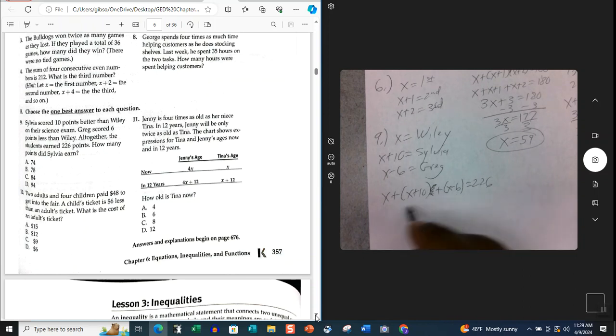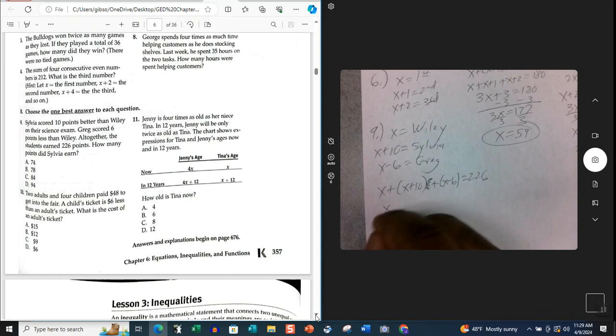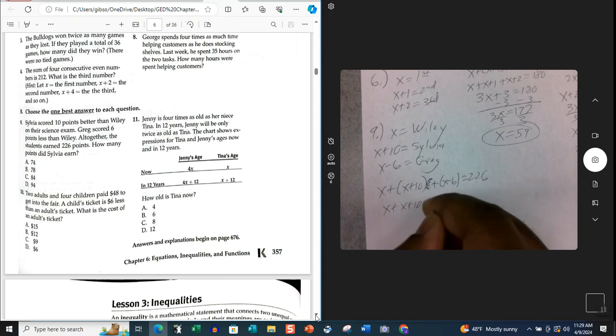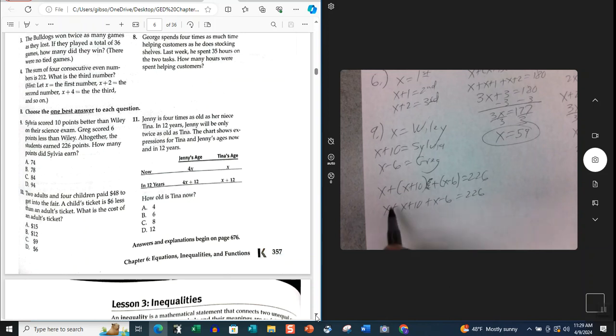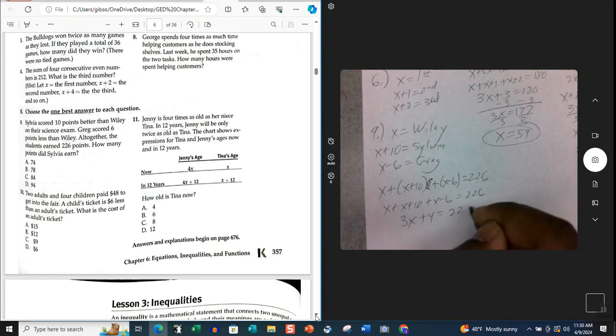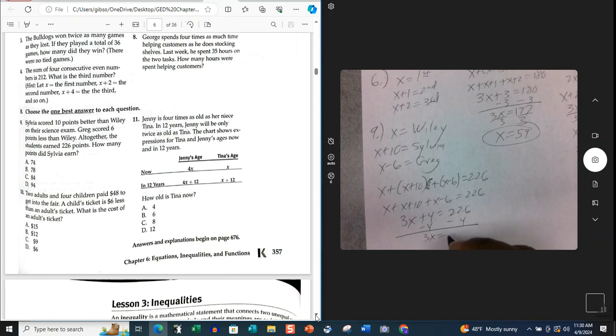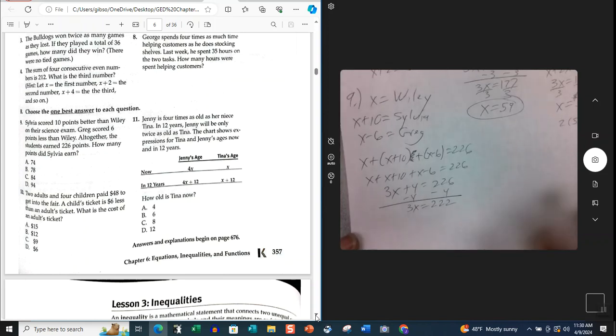So since we have plus signs in front of the parentheses, we'll just drop the parentheses. And then we would combine like terms. X plus x plus x is 3x. 10 minus 6 is 4. Equals 226. We'll subtract 4 on both sides. And 3x is equal to 222.